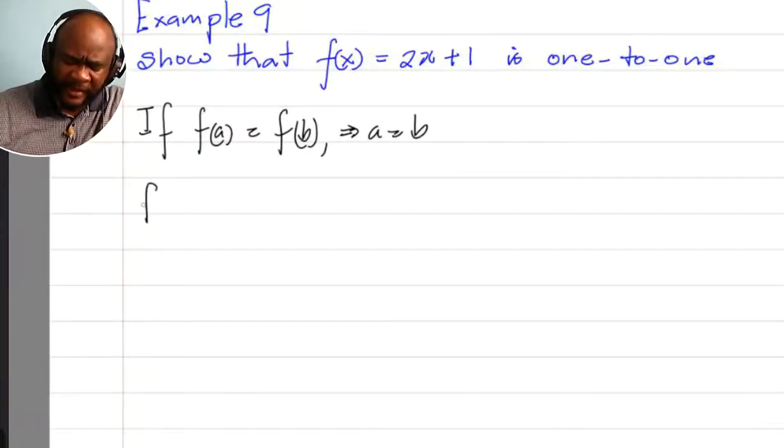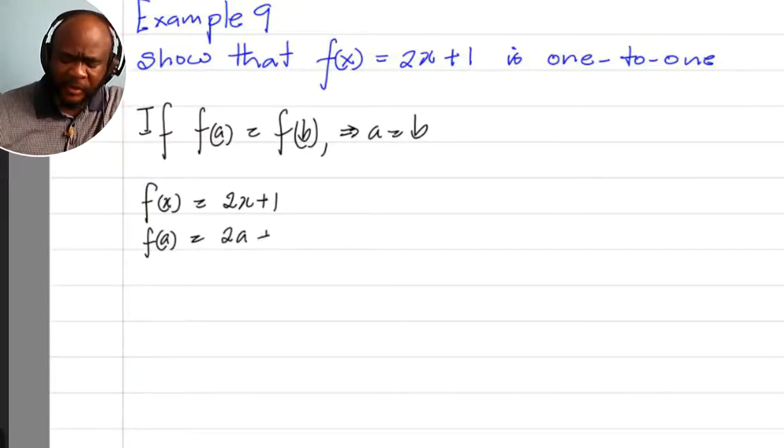Now f of x is equal to 2x plus 1. So f of a would be equal to 2a plus 1, and f of b would be equal to 2b plus 1.